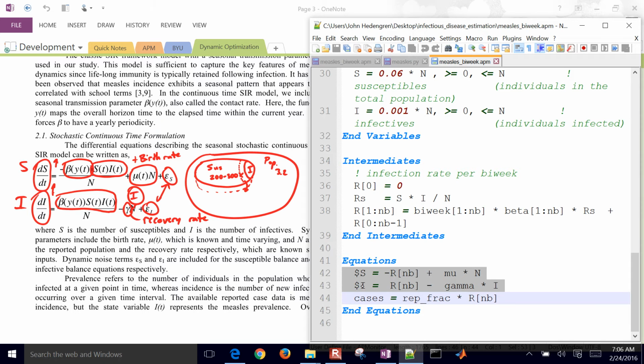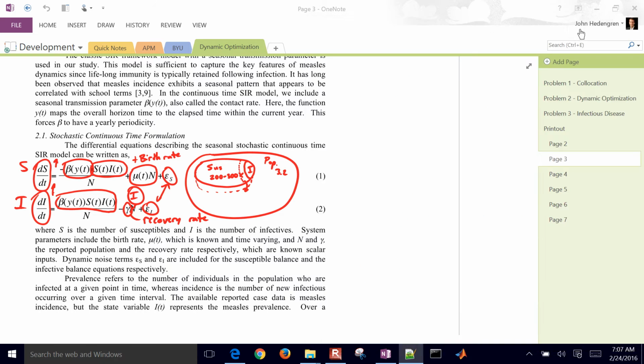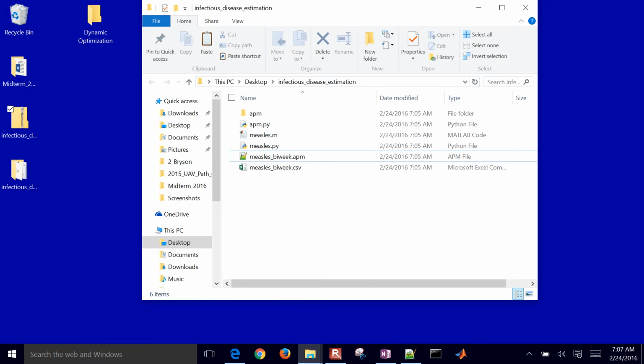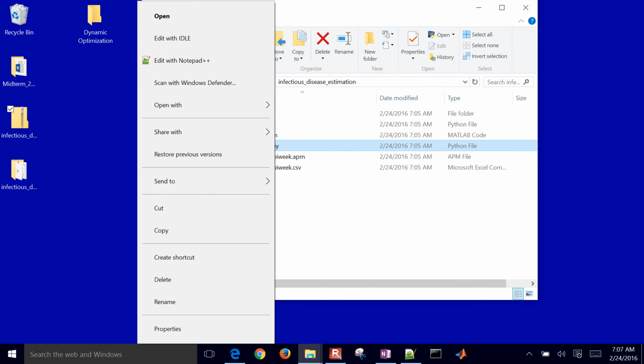The infective change is equal to the rate of infection minus the recovery rate. For the number of cases, we just have a reporting fraction. We assume that only about 45% of the cases are actually reported, so we're going to try to control the number of reported cases, knowing that that's only 45% of the total cases. So now let's go ahead and just run this. You can open it up in MATLAB or Python.